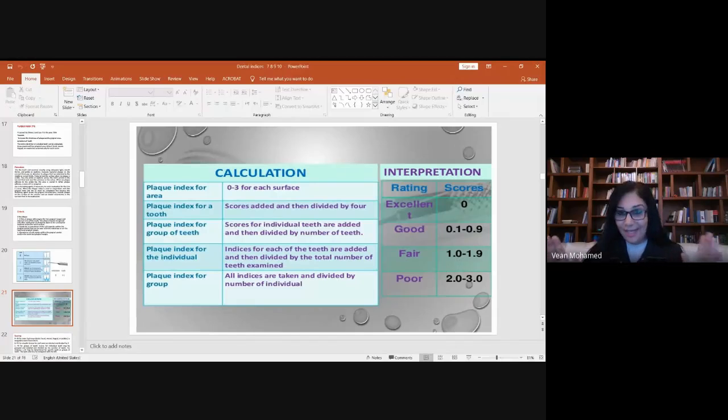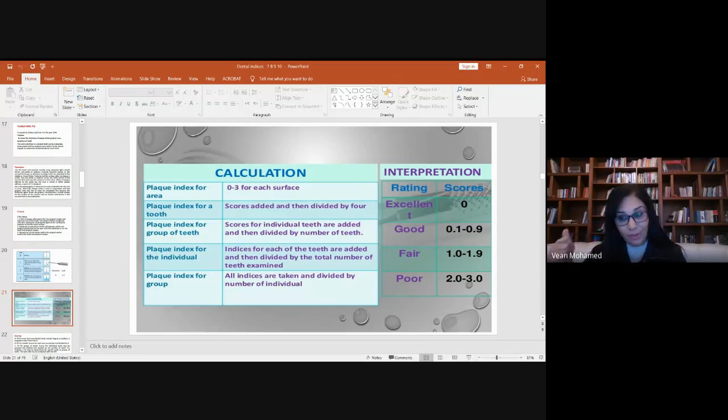If I examine 10, then the summation will be divided by 10. And the result will be from 0 to 3. It won't accept a mistake. The result will be from 0 to 3. 0 means you are excellent, good oral hygiene. From 0.1 to 0.9 means good hygiene.